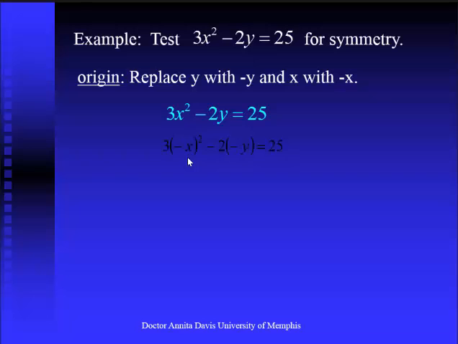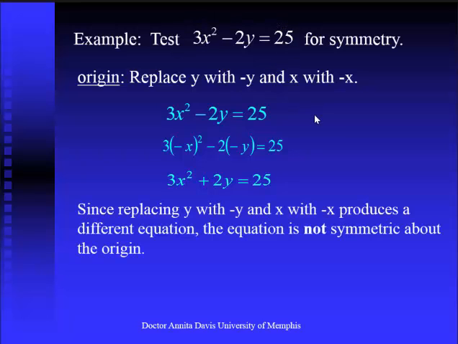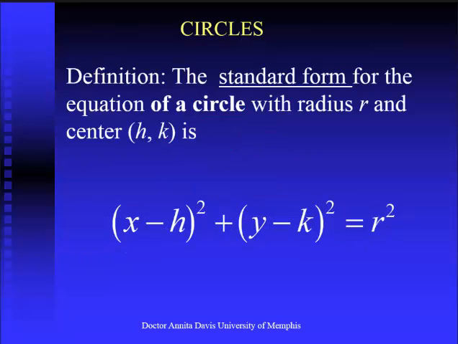So negative x squared is x squared. This is 3x squared plus 2y equals 25. Now look, this equation is not equivalent to the original equation. Therefore, since replacing y with negative y and x with negative x produces a different equation, the equation is not symmetric about the origin.